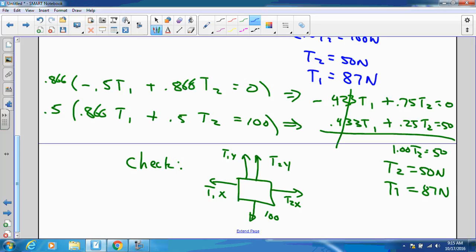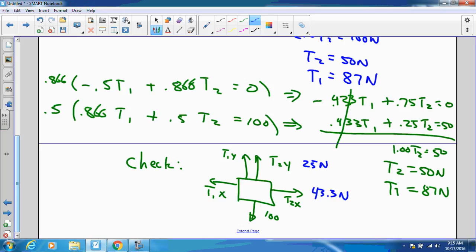Take your 50 newtons, get your sine and cosine components here, and when you do, 50 newtons times the cosine of 30 degrees is going to be equal to 43.3 newtons, and T2y times cosine of 30 is going to be 25 newtons.